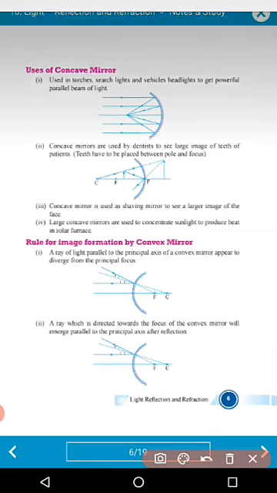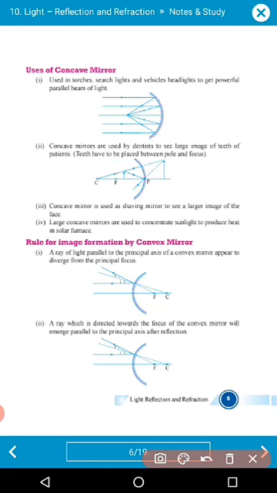Understood? Next, the concave mirror is used as a shaving mirror, because you want to see your face very clearly, so it shows a larger image of your face. Due to the larger image of the face, we use the concave mirror as a shaving mirror.